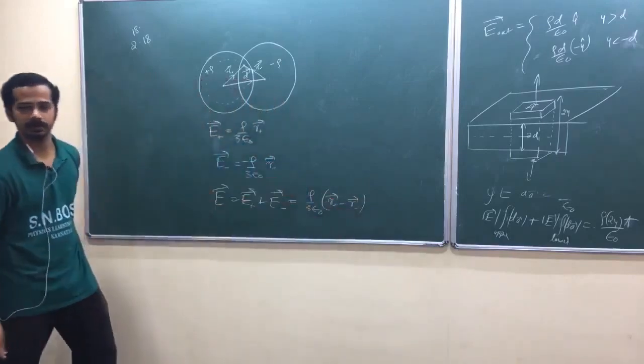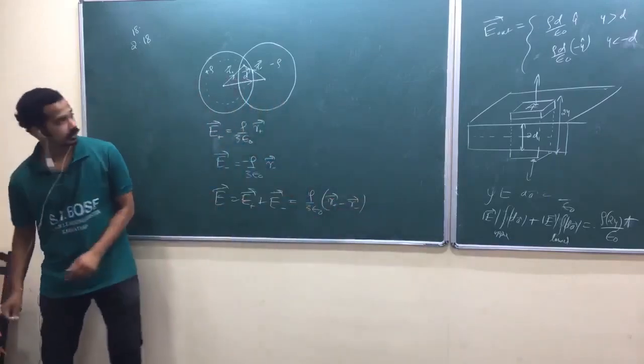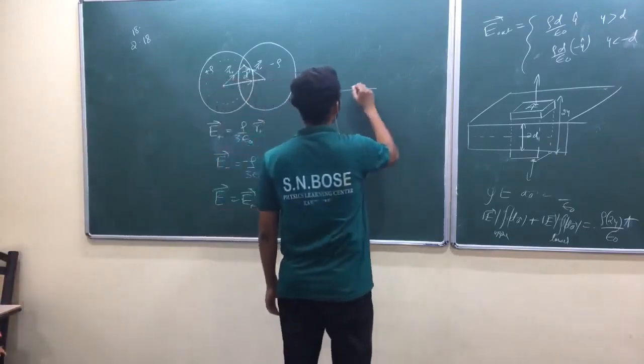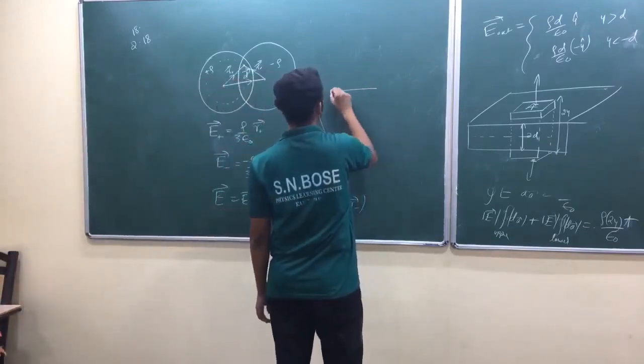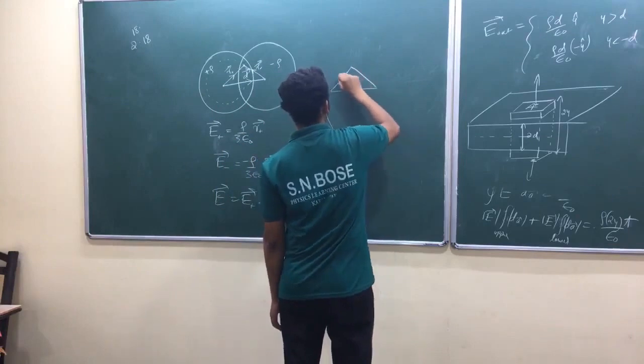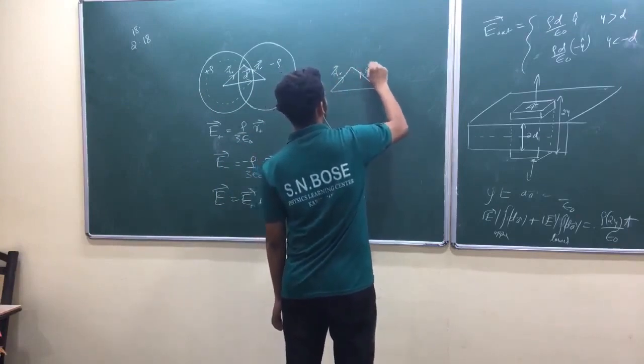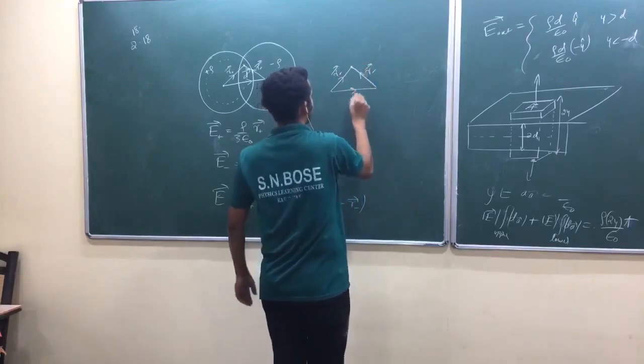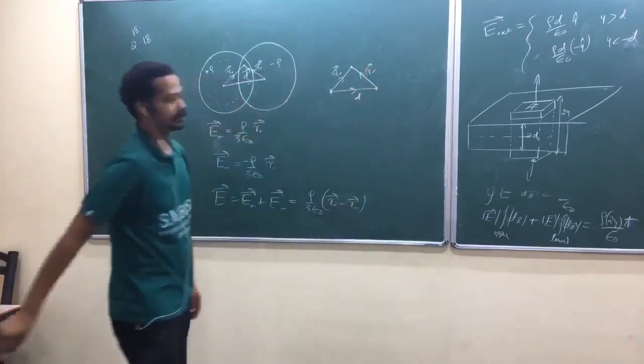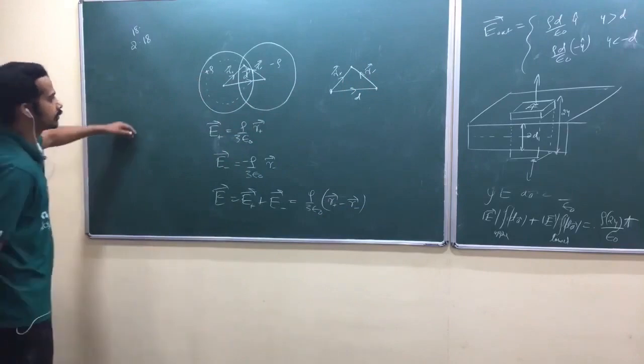What is that R plus minus R minus? Can I just draw these vectors here? This is D vector, R plus vector, R minus vector. This was our point, this was D vector. These two were our centers. What is R plus minus R minus?